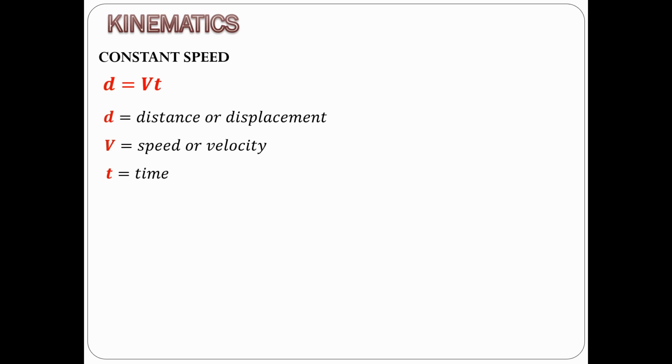Now, how about when objects are moving with constant acceleration? For constant acceleration, we have some formulas that we need to take into account. So, for constant acceleration, d = v̄t, where v̄ is the average velocity and v without the bar is the instantaneous velocity.